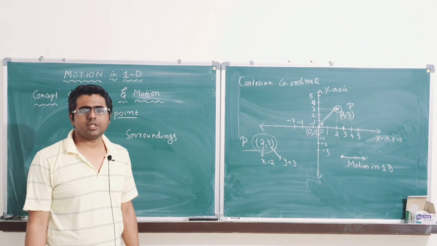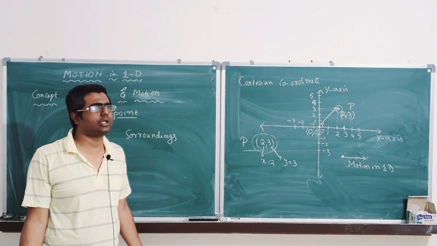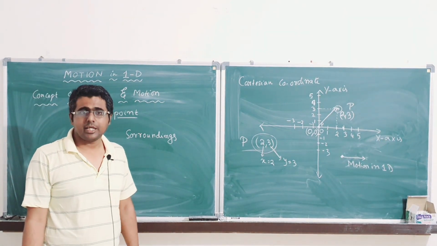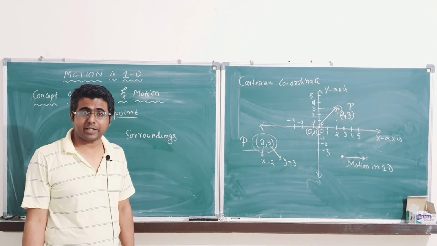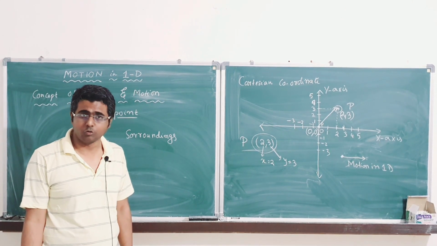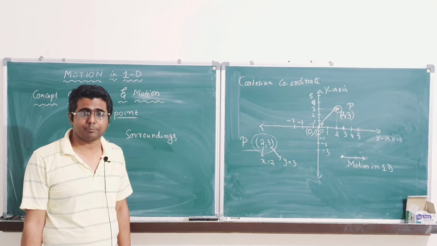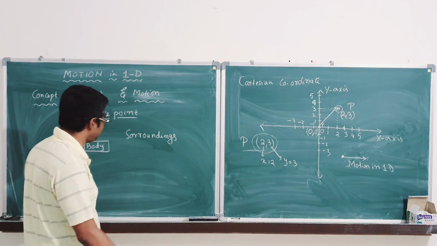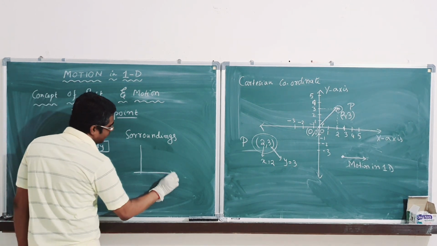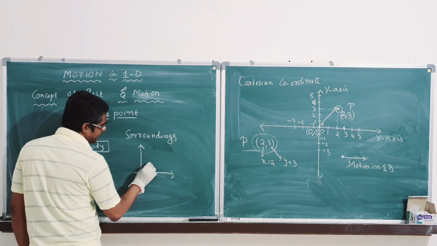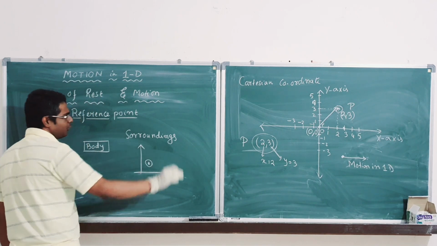Clear? So if I am standing here and outside it is surroundings like this, and I don't move with respect to my surroundings, do you see me moving? No. That means with respect to my surroundings, my position is the same. What does this really mean? If I draw a Cartesian coordinate, suppose my position is over here. This is the surroundings.